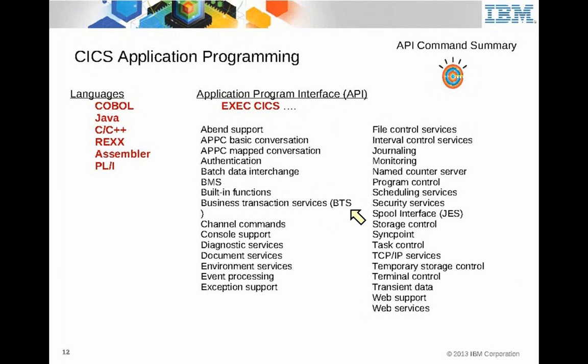But then we have other things like web services. You can say EXEC CICS WEB and be talking directly to a browser or any XML device or any HTML device.